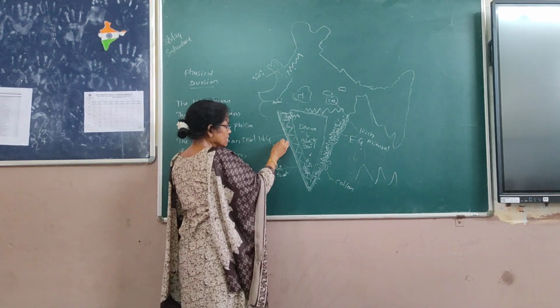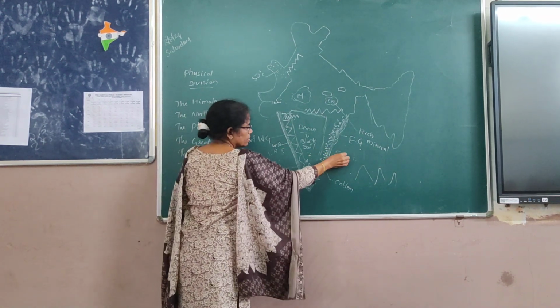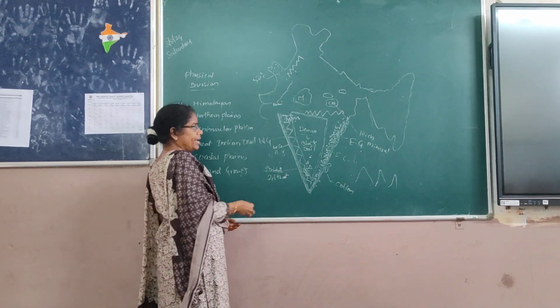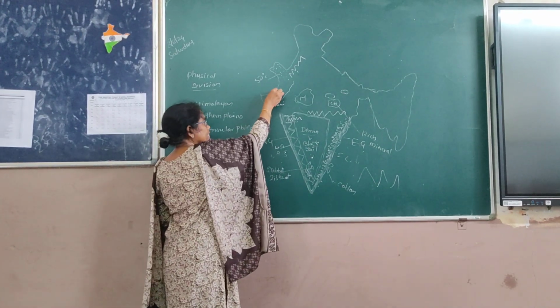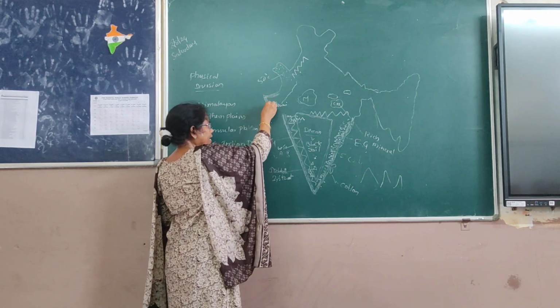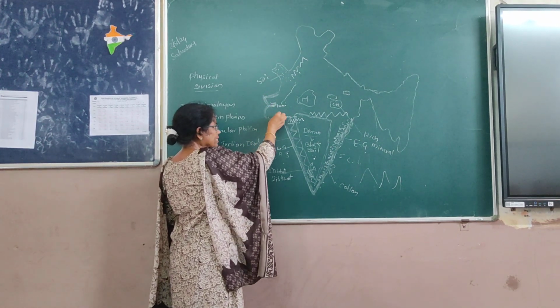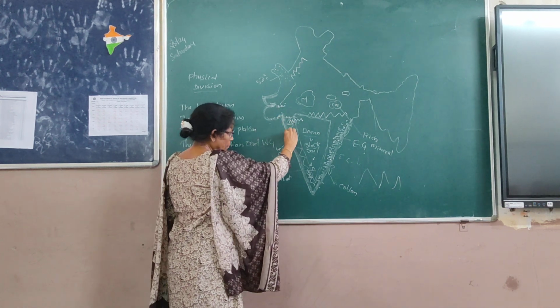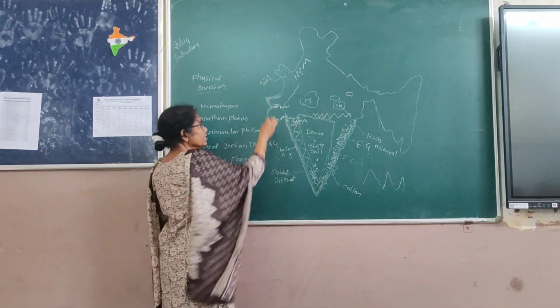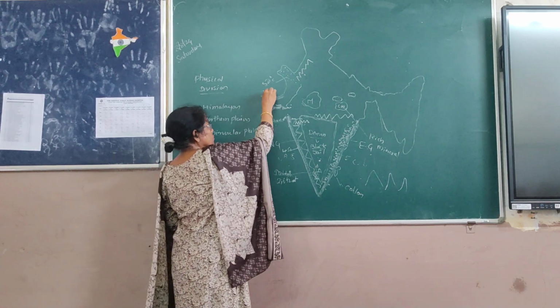So, West Coast, East Coast. These coastal lines are divided into three groups. They are formed from the Rann of Kutch in Gujarat, and extend along the entire coastal region up to the southern part.